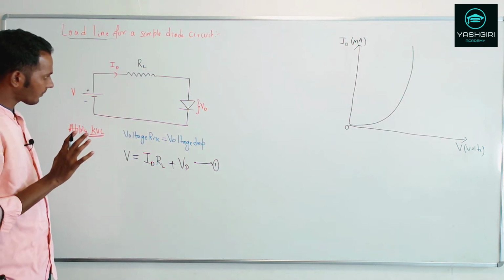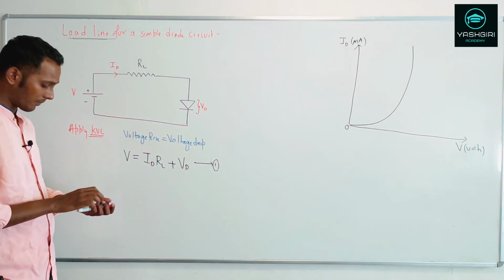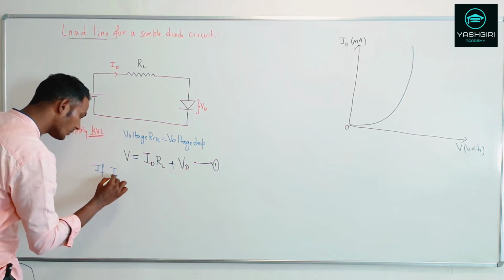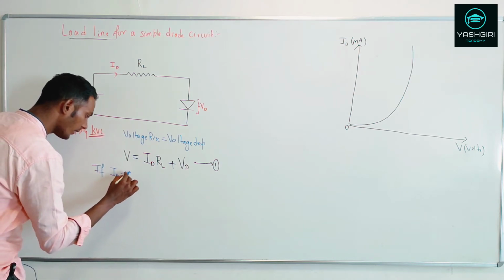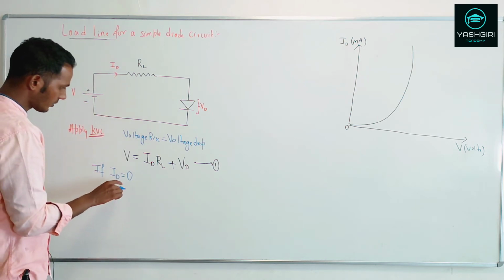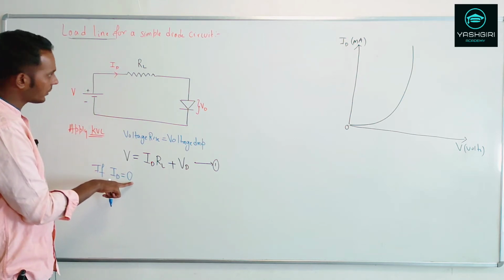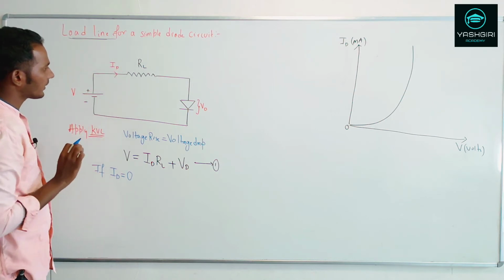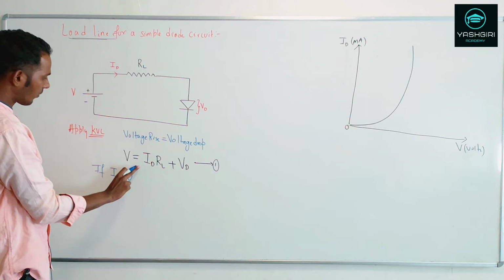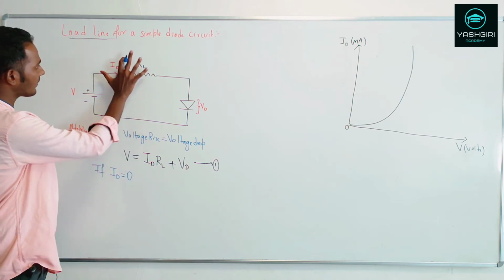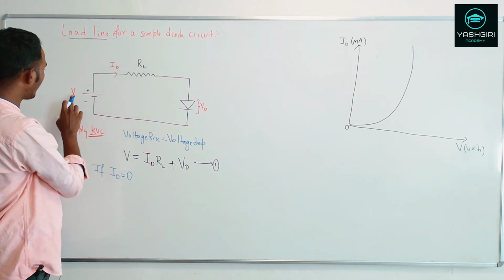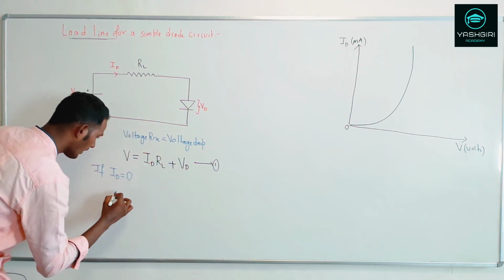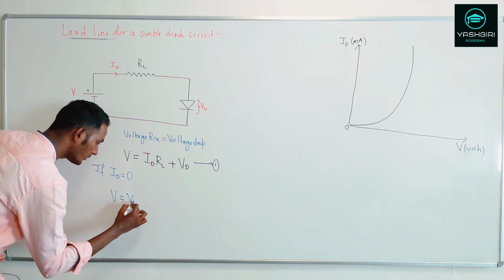Now I'm going to put up a condition. If I make ID equal to 0, that is, there is no current flowing in this, just an ideal case, then from this KVL I can write V is equal to VD.